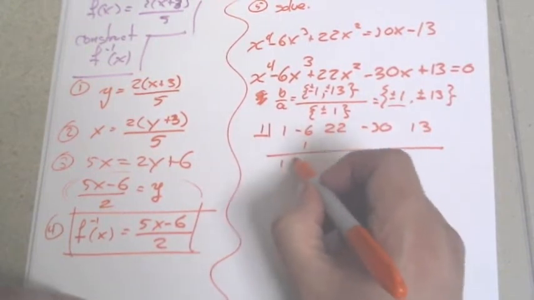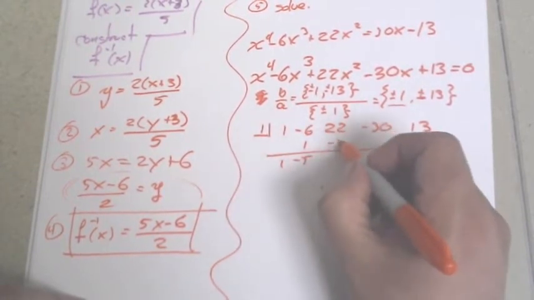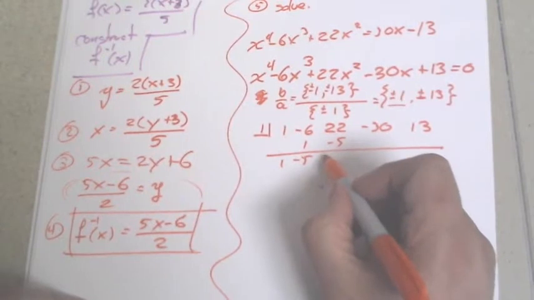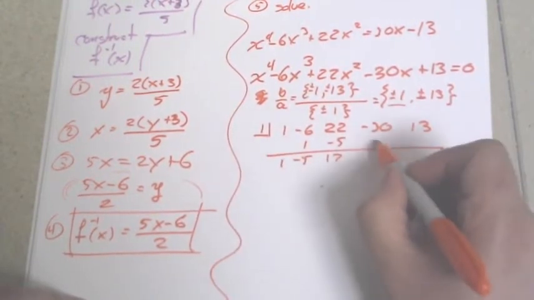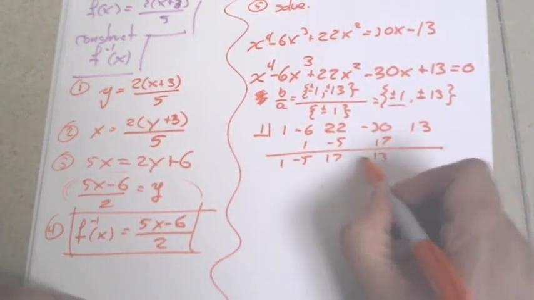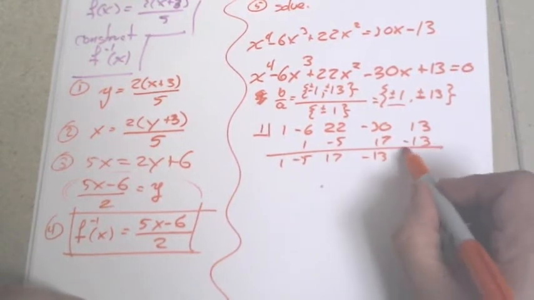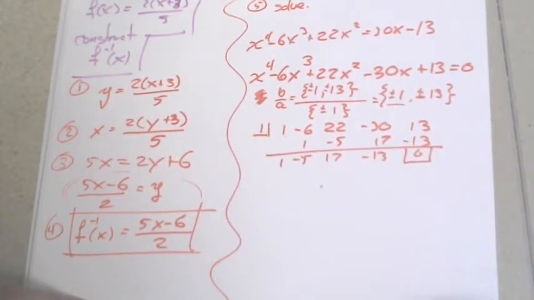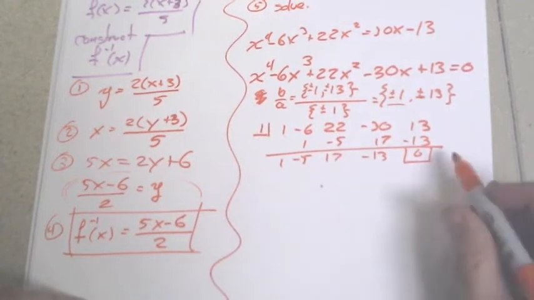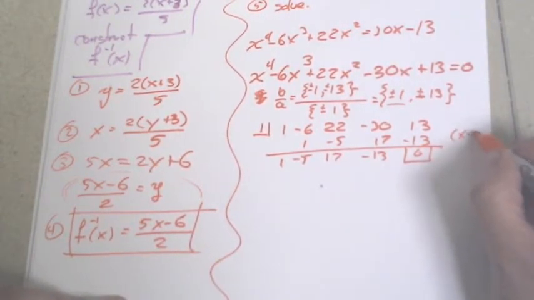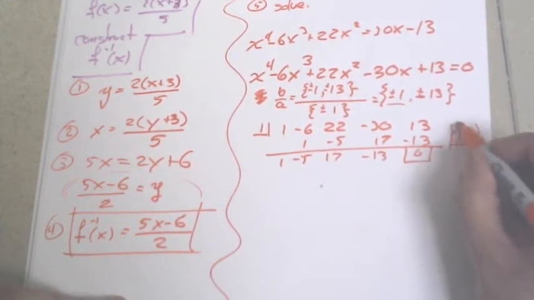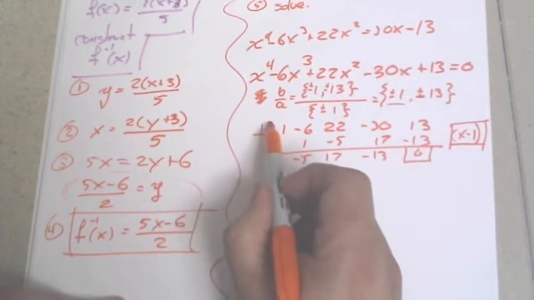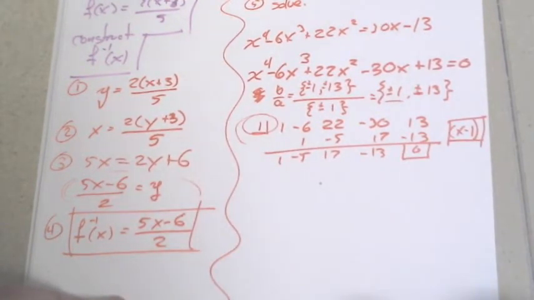So 1, 1, negative 5, negative 5, 17, 17, negative 13, negative 13. Oh, that's nice. 0. So we know that x minus 1 must be a factor, and thus 1 is one of our solutions.